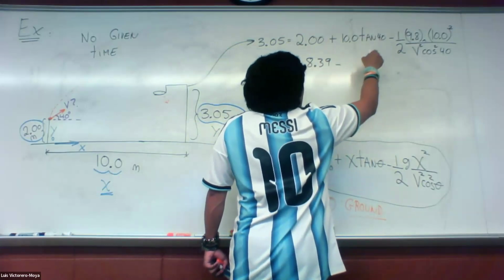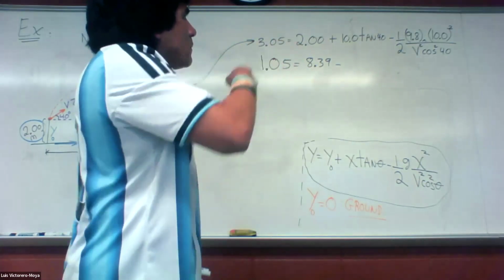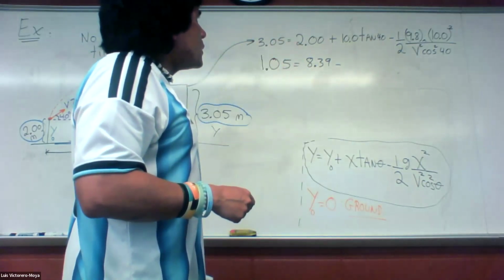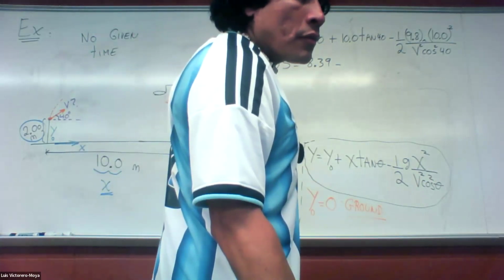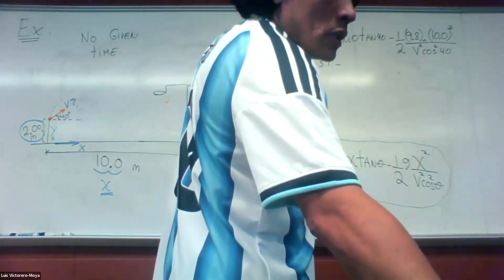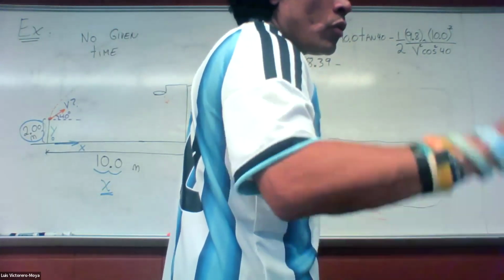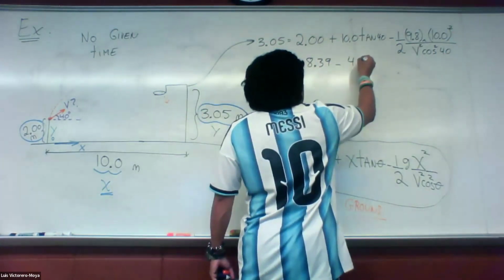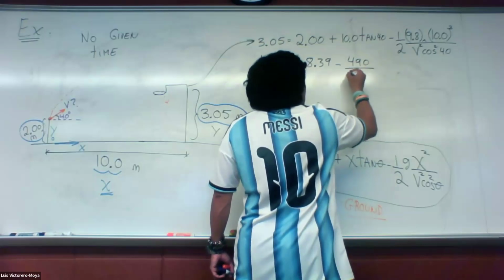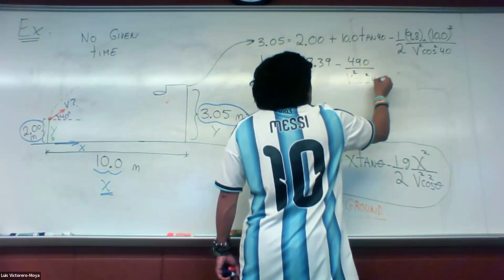Minus, so let's simplify that. We have numbers, it's a v squared, so that will be 100 times 9.8 divided by 2. So I get 490 over v squared cosine square of 40.